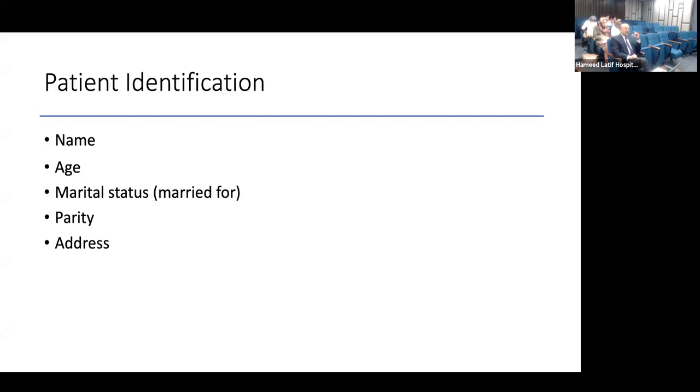Previously ethnicity was also referred to; now internationally, ethnicity or color, black race, etc., is getting out of fashion. But anyway, the name, you would say Miss A, B, Mrs. S, N, and so on, and her age.